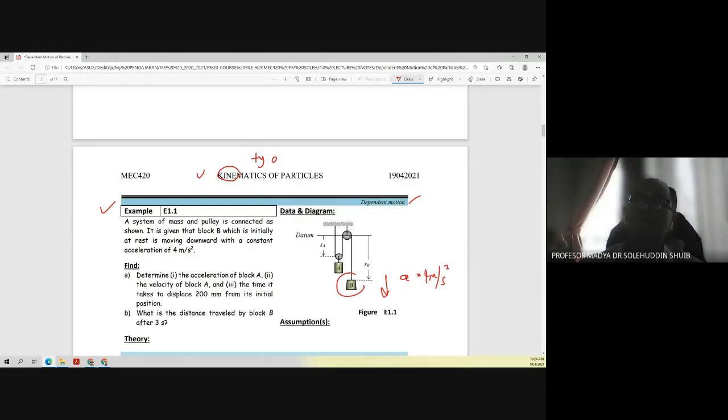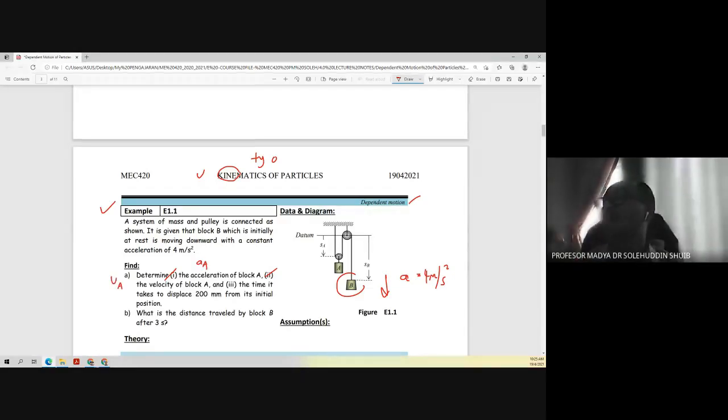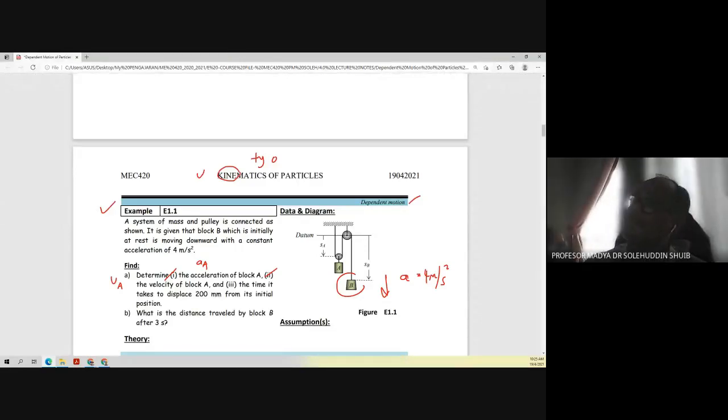Find acceleration of block A. Number 2, find the velocity of block A. And then number 3, what will be the time it takes to displace 200 millimeter from its initial position?